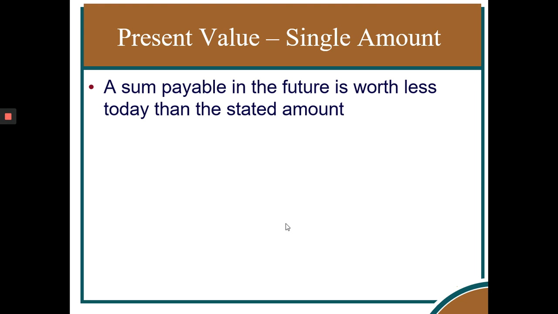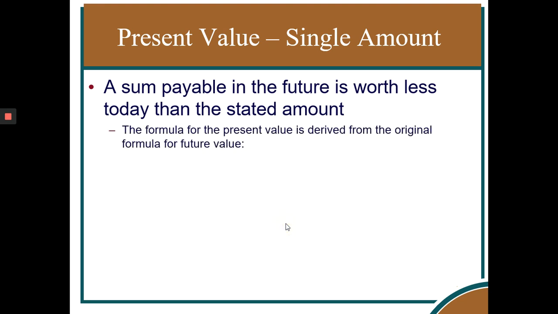The formula for present value is derived from the original future value formula, which means you don't need to remember two formulas. You can just use the previous future value formula to derive the present value formula.